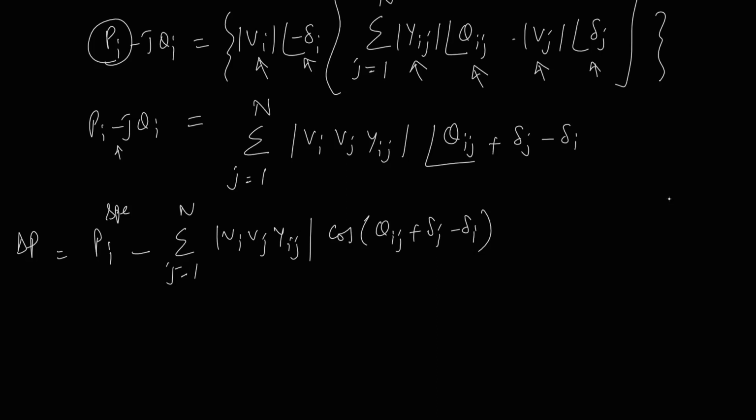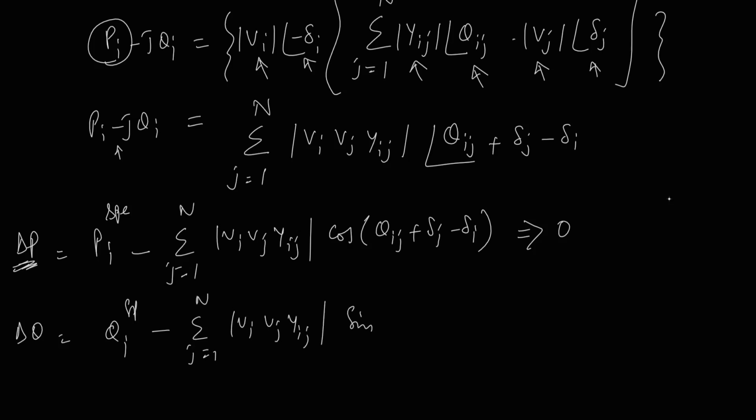Now this is the mismatch vector and we are expecting it to approach 0. Similarly, delta Q is equal to Qi specified minus summation j equals 1 to n of Vi Vj Yij sin of (theta ij plus delta j minus delta i), and this equation should also approach 0.